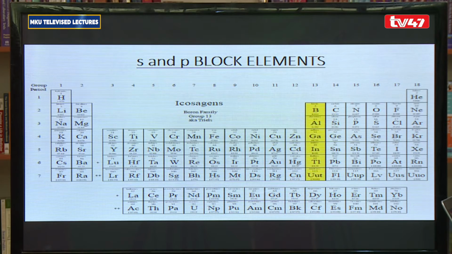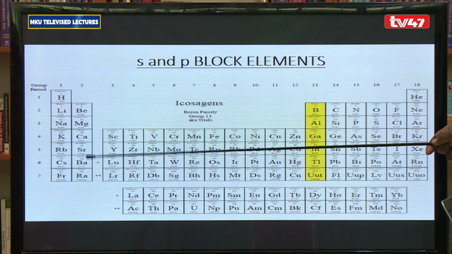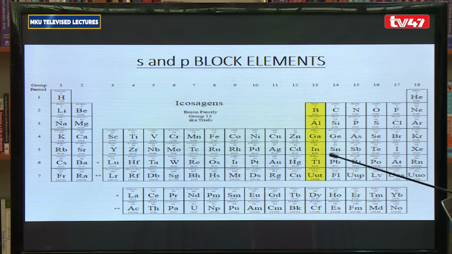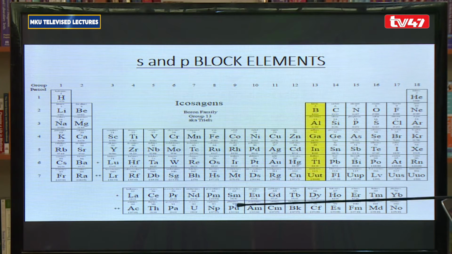This category of elements, they are called the main group elements, while the D block elements, the ones in the middle of the periodic table, and these ones at the bottom, the lanthanides and the actinides, are called the F block elements.